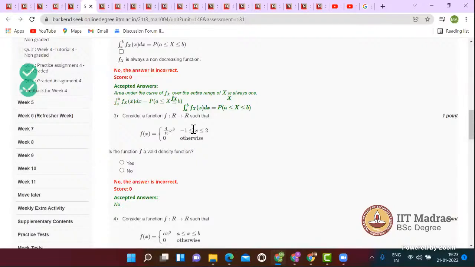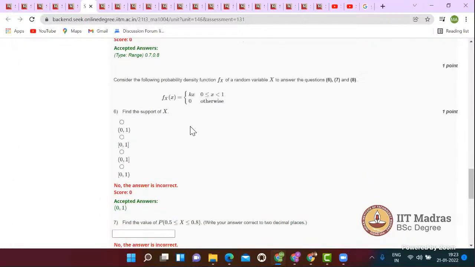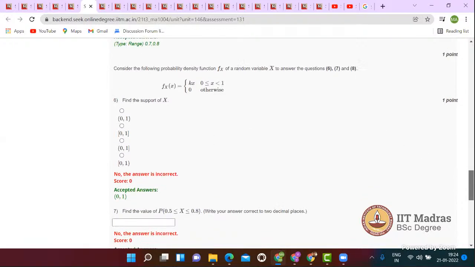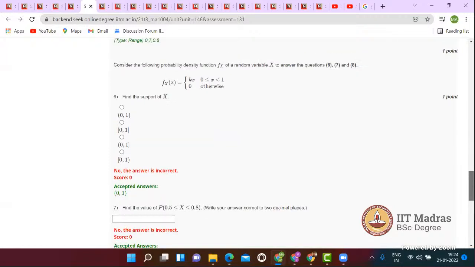Can you explain question number 6 of the same activity? Here the PDF has been given of a random variable. You have to calculate the support of x. Support of x means simply the range, right? Why can't it be 0 to 1, whereas 1 is included in the range?